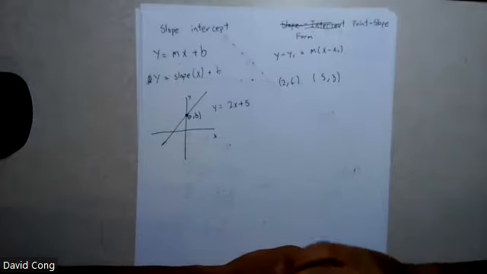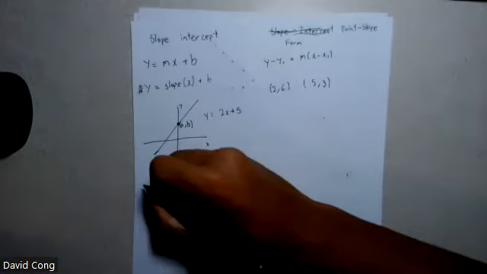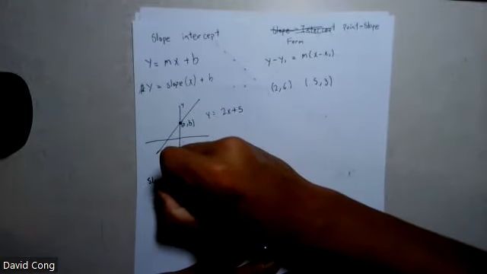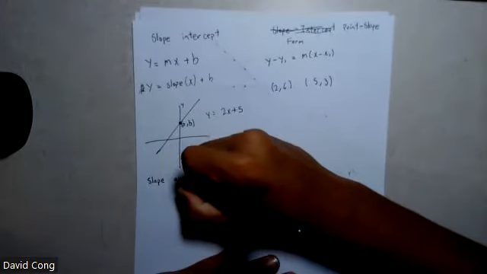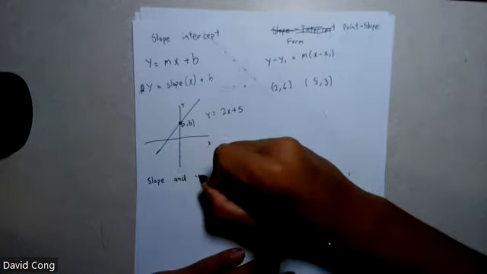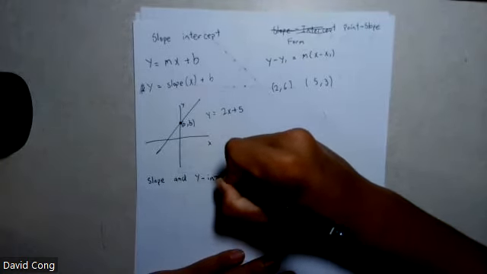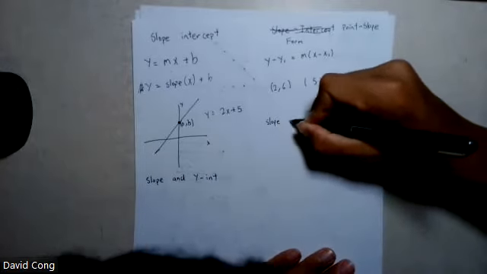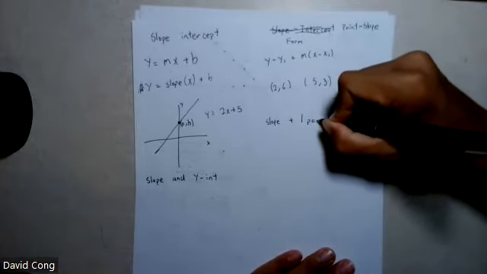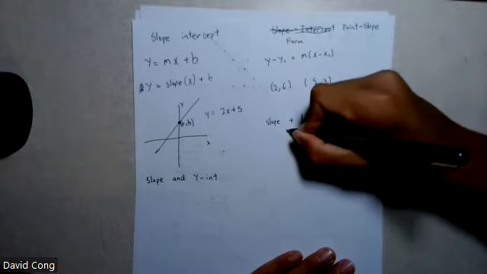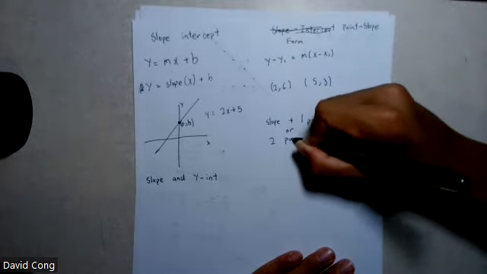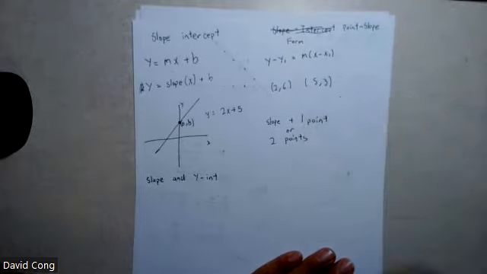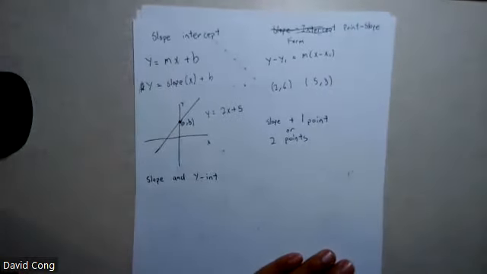We have 2 points, so we need to find the slope between these 2 points. So what you need to use this form is slope. So if you have 2 points or a slope with 1 point, you can always use this to find the equation.